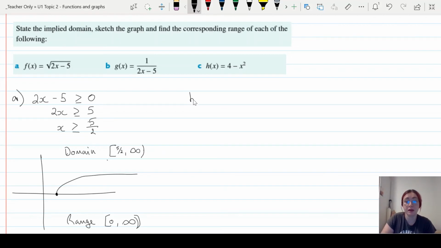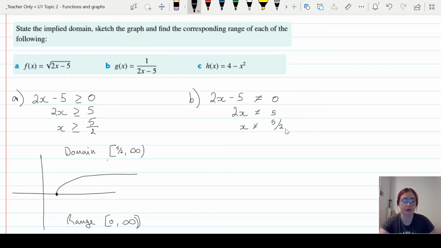For example B, again, not a type of equation that you're necessarily familiar with, but maths rules dictate we can't divide by 0. So we know in this case that 2x minus 5 cannot be equal to 0. Okay, so we can solve that in the same way we did before, saying 2x can't be equal to 5, x cannot be equal to 5 on 2.